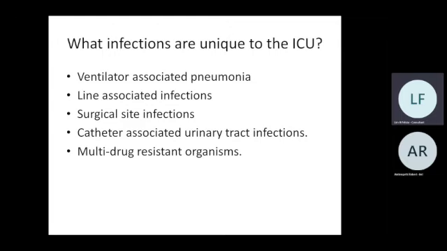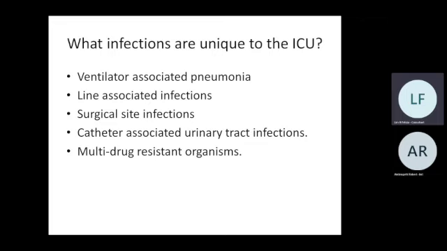And why is it that patients in ICU are more prone to these infections? First of all, with ventilator-associated pneumonia, the fact that you're ventilating the patient in the first place predisposes them to VAP. And with the rest, it's really regarding the patient factors that you have within the intensive care unit. If you think of most patients on the ward, they will be mobile, they will get up and about.